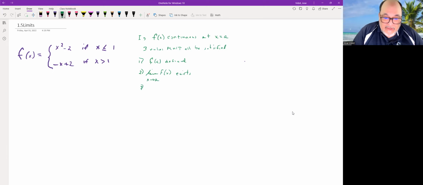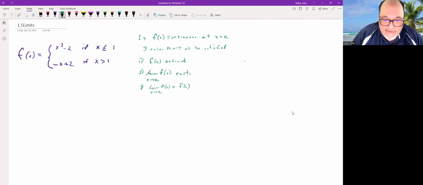And then number 3, you have to make sure that the actual limit that you find is equal to f of a. So therefore, the limit of f of x, and this should be a small f, not a large f, as x approaches a, is equal to the f of a value. All right, so you have those three criteria.